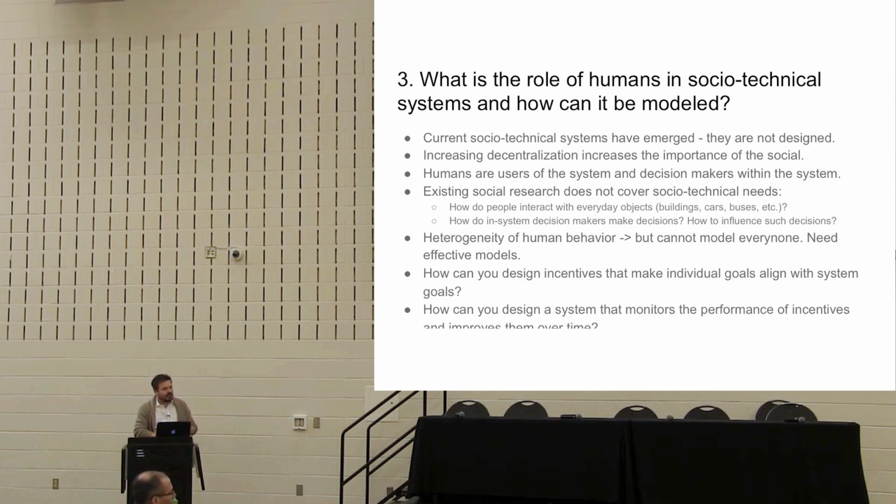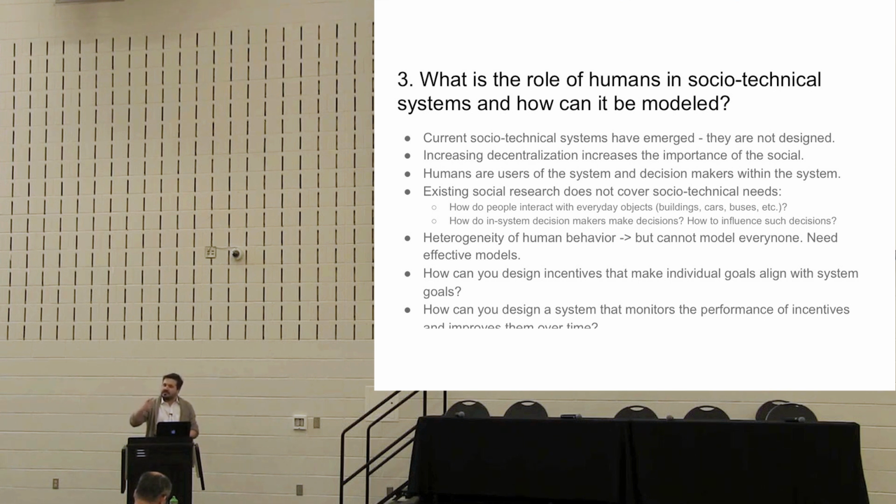Most importantly, we need to start thinking about the human elements of the system that make decisions about the system, and think about the incentives of these human elements. For example, let's take a city and the politicians making decisions about the city.